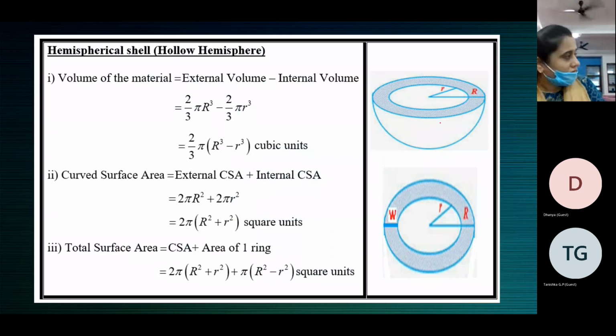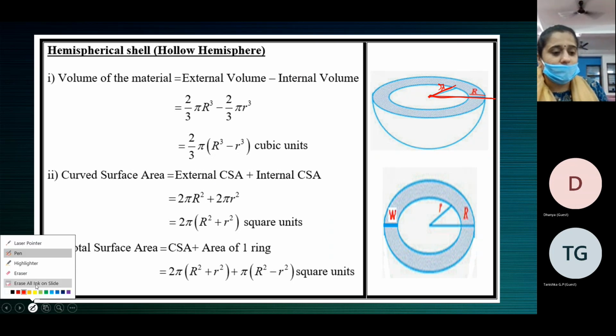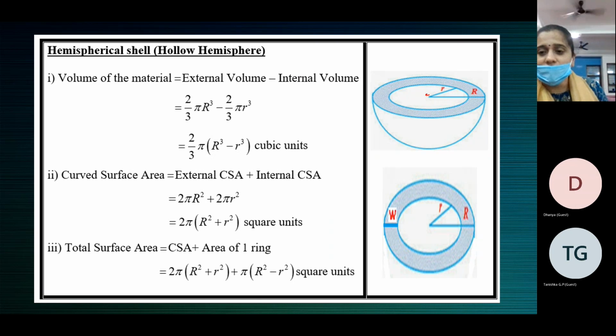Look at this vessel. The wall is thick. So you have one small r and capital R. From the center to the inner wall, small r. From the center to the outer wall, capital R. But this R is not only this portion. What is this portion?